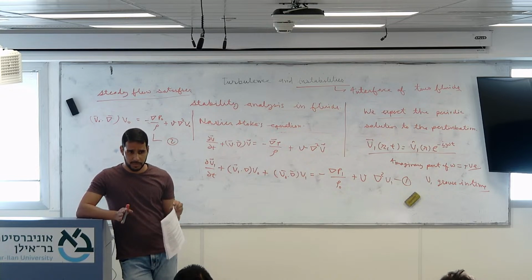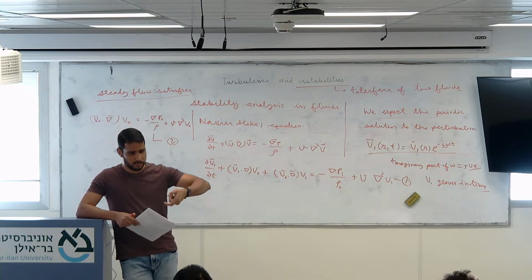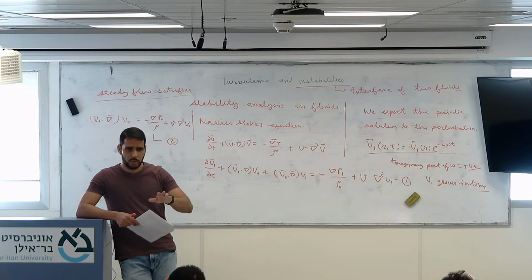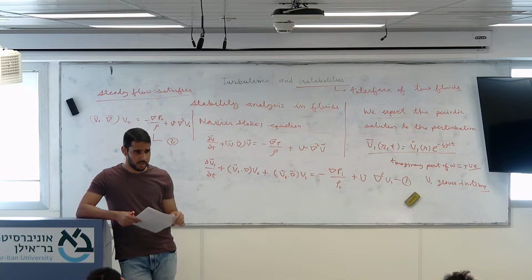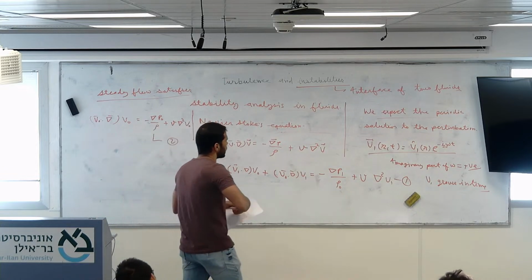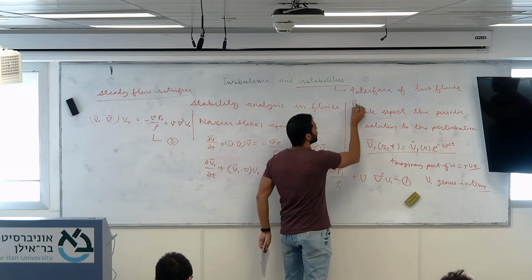However, we know from experiments, done mostly in the beginning by Reynolds, that all the studies we did before are for small Reynolds number. At small Reynolds number, the flow satisfies the equations we derived. At high Reynolds number, what is the Reynolds number?